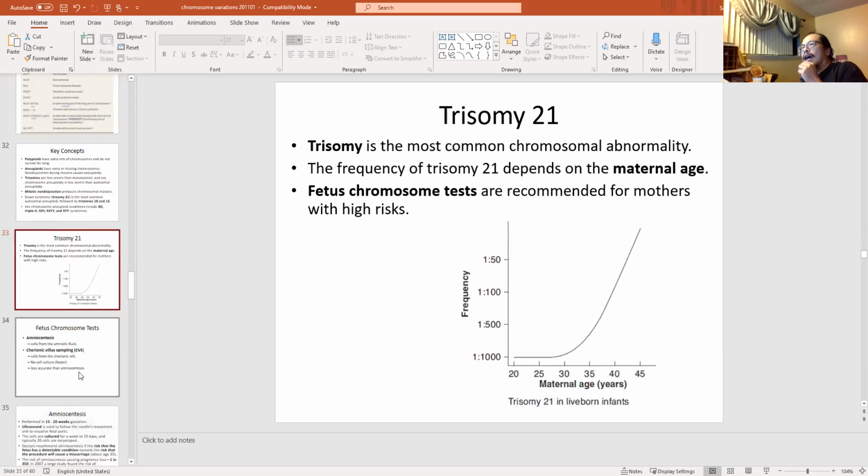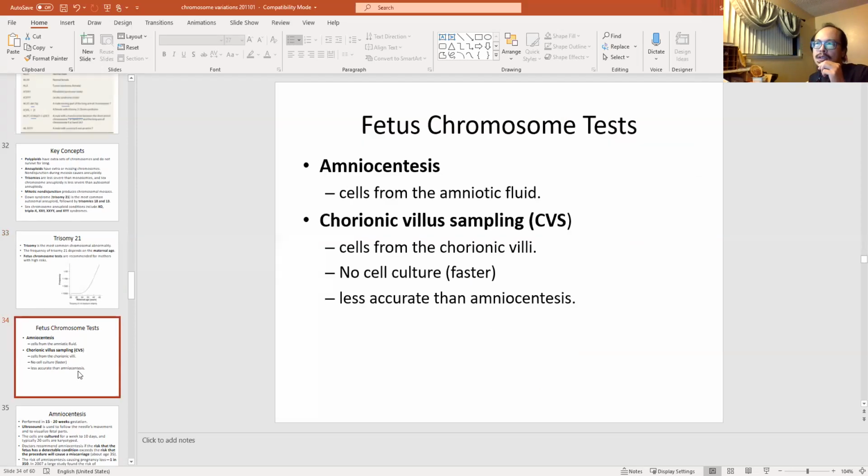All right, so what are the technologies that we can use for the fetus chromosome test? There are two major ones.